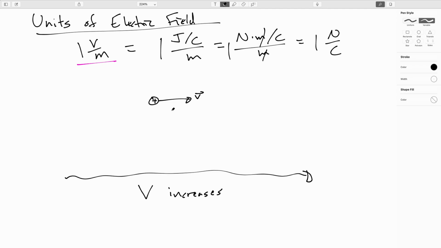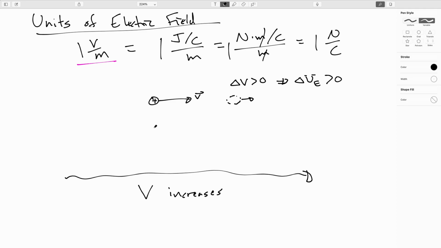As we move from this location to this location here, the change in the voltage would be positive, because my final is greater than the initial. And since we remember that the potential energy is the charge times the voltage at the location, that means that the potential energy at that location must also have increased. Well, where'd that energy come from? It had to come from kinetic. So it must be that it's going slower now.